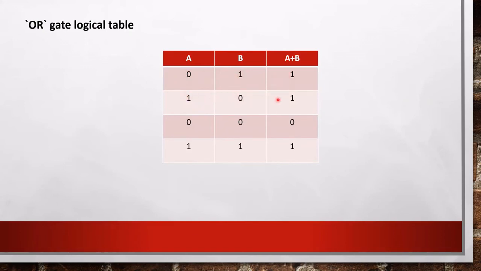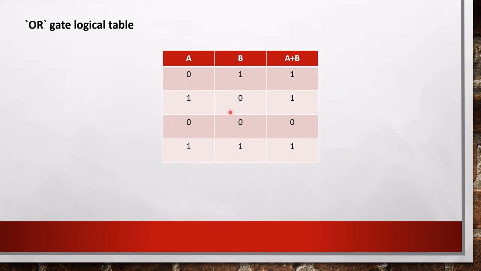If it is 1 and 0, it will be 1. 0 and 0 is 0. And if both data are 1 and 1, actually 1 plus 1 is 2, but since we are dealing with binary, we consider this 2 as 1. So that's what the logic table looks like.